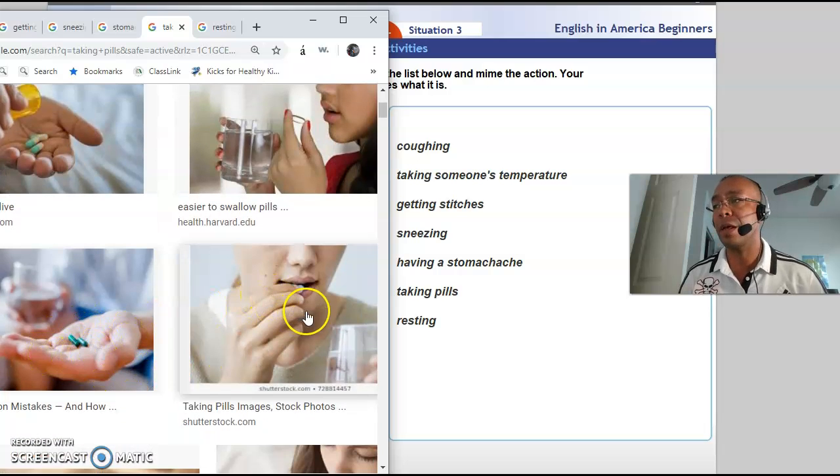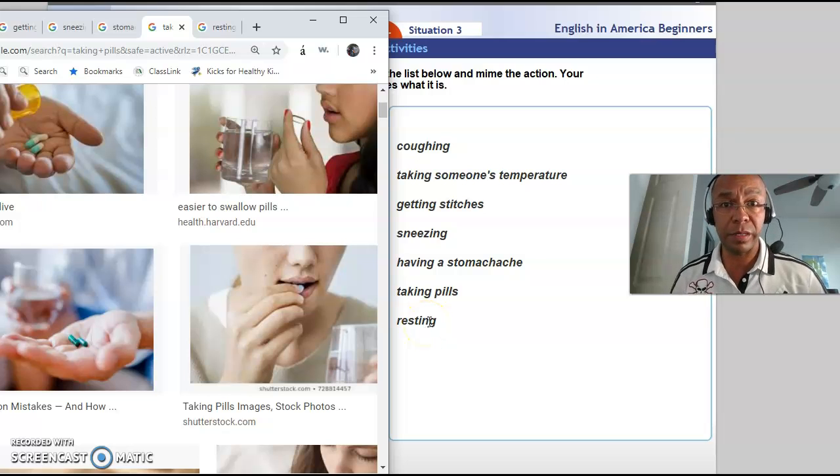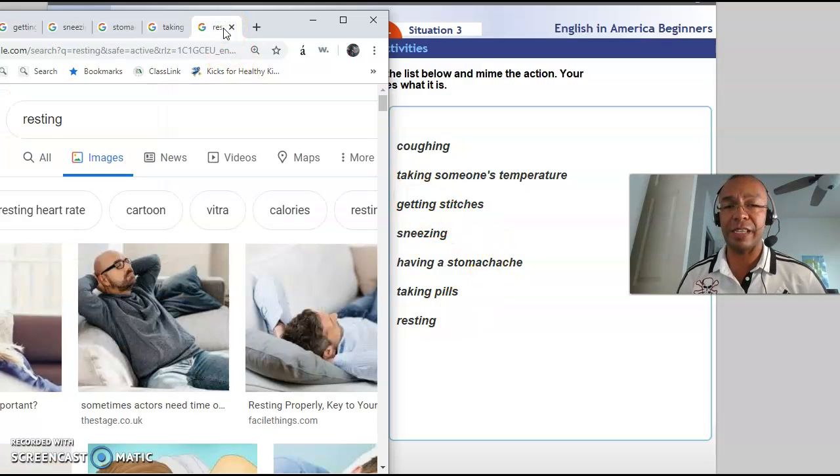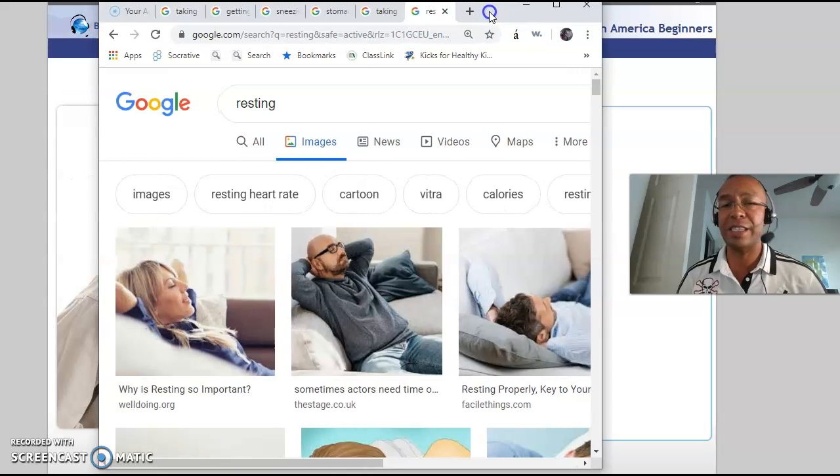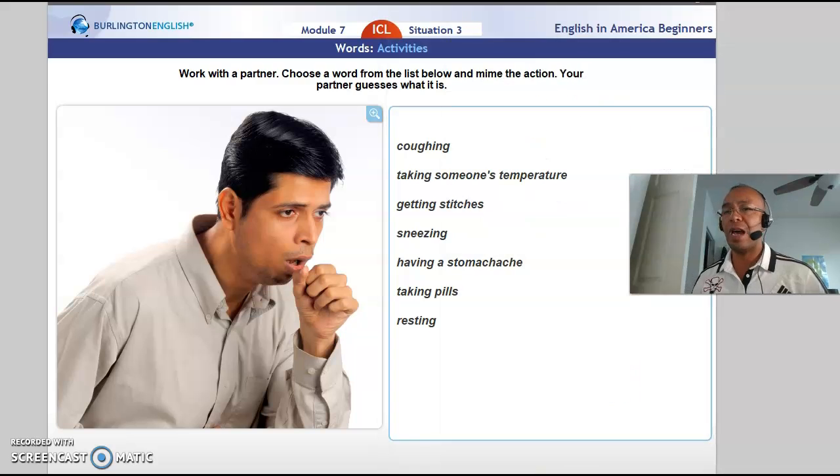And obviously, one of the best medicines there is, and it's simple and easy, resting. This is a good way, and I'm sure that you all want to be doing this right now. Resting. Good.